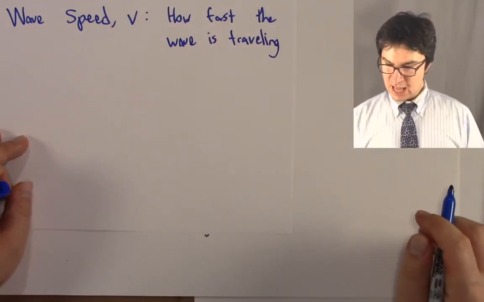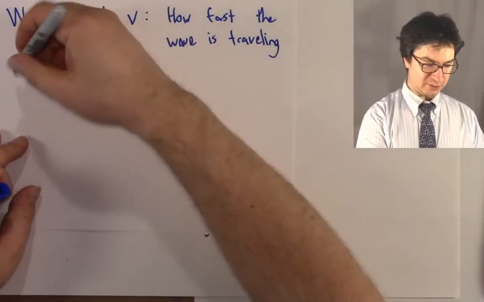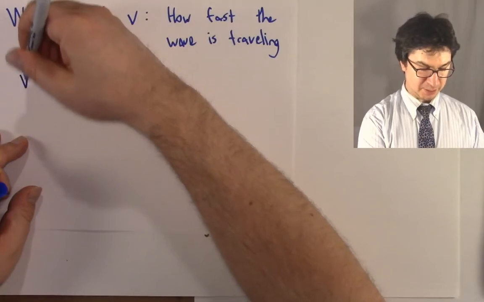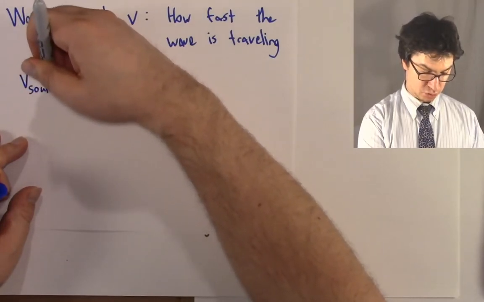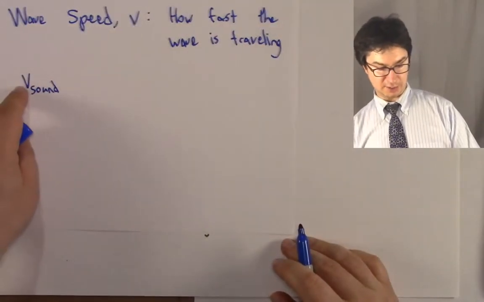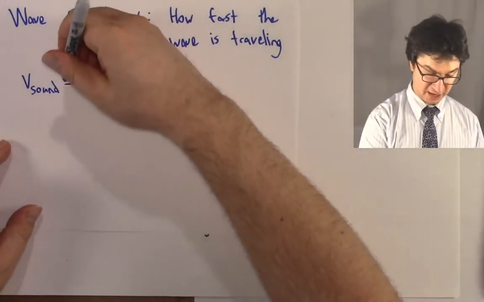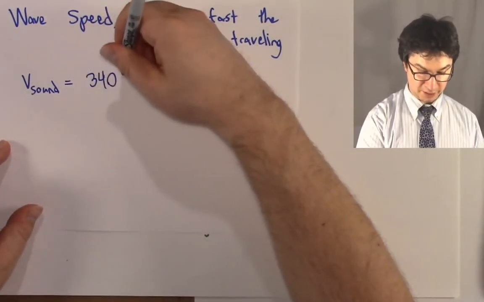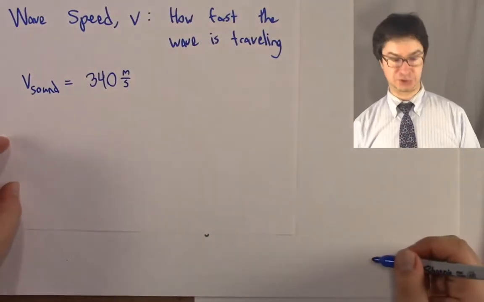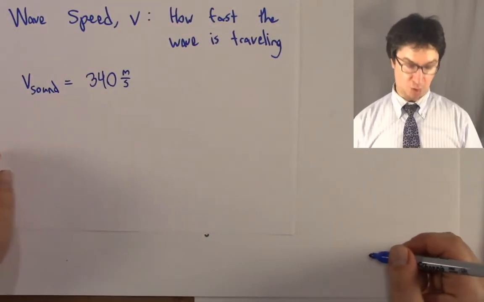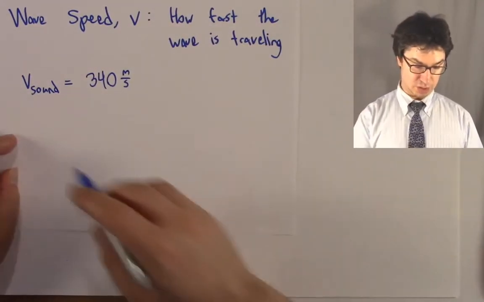Okay? And just to give you some examples of some wave speeds, the speed of sound, which we write as v sub sound, is pretty fast. 340 meters per second, which is almost 800 miles an hour.